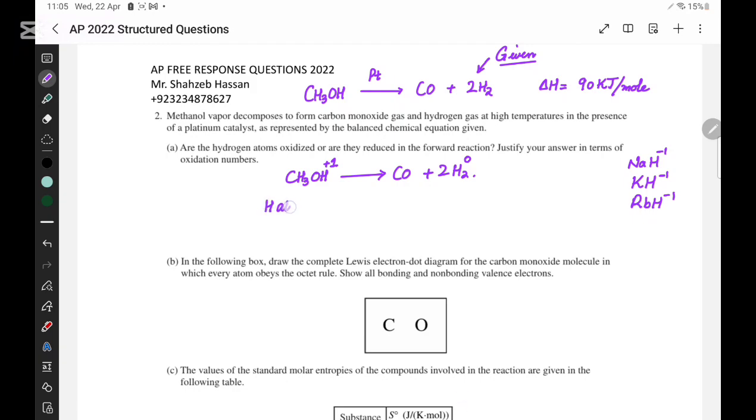So H atoms are reduced as oxidation number is changing from +1 to 0.